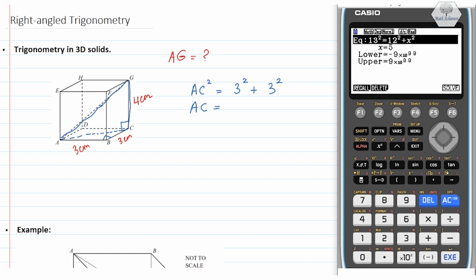Instead of the AC, I add x squared is equal to 3 squared plus 3 squared. And I execute and I press solve again. So I'll be having AC to be 4.24 centimeters.